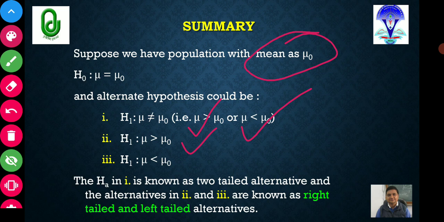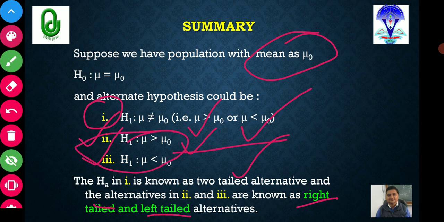Now you can say that the alternate hypothesis HA in the first case is known as two-tailed alternative, and the alternatives in the second and third are known as right-tailed and left-tailed. These two are one-tailed.